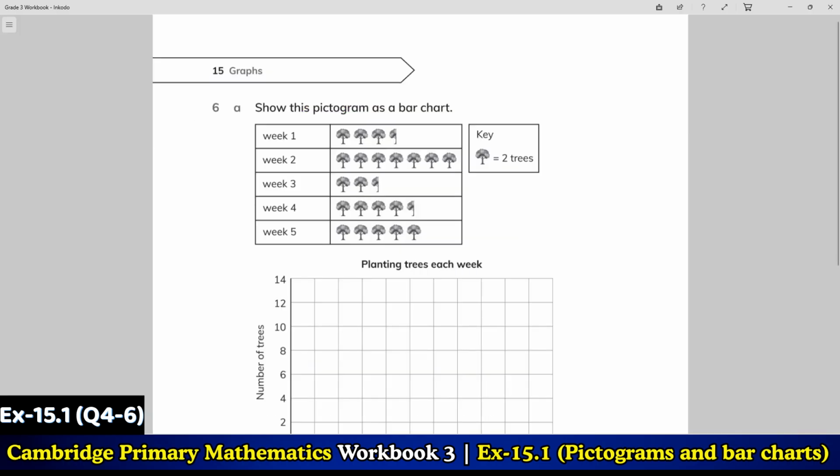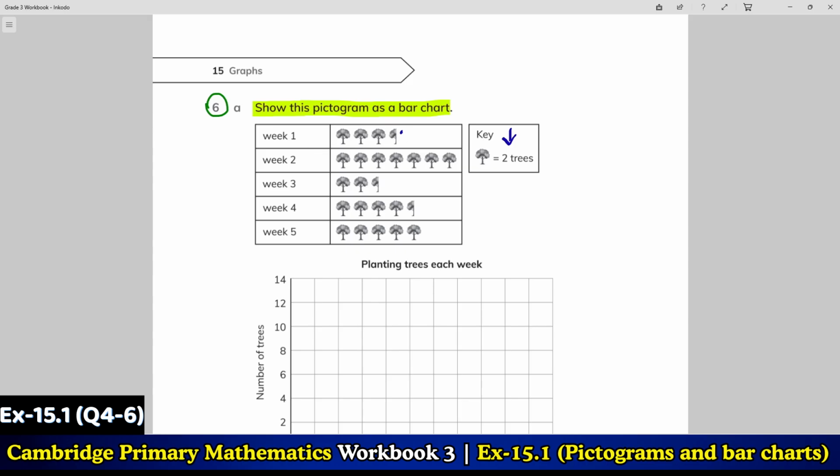Question 6, very important. Show this pictogram as a bar chart. Here is also a key. The key is 1 tree equals 2 trees. So first week here is mentioned 3 and a half.